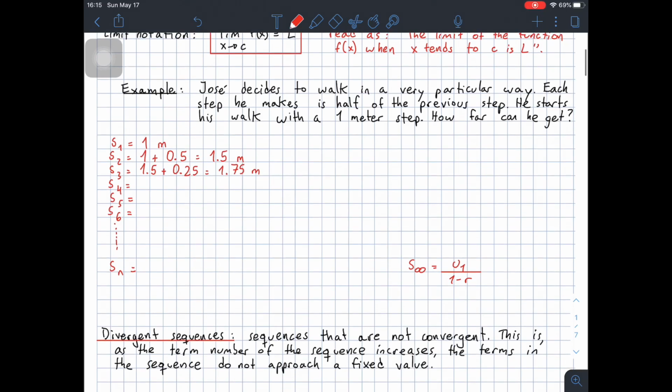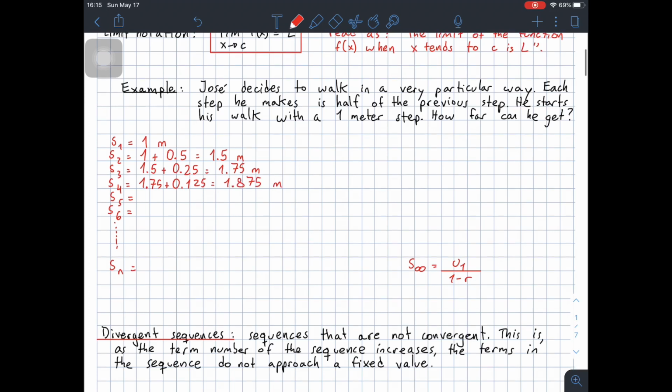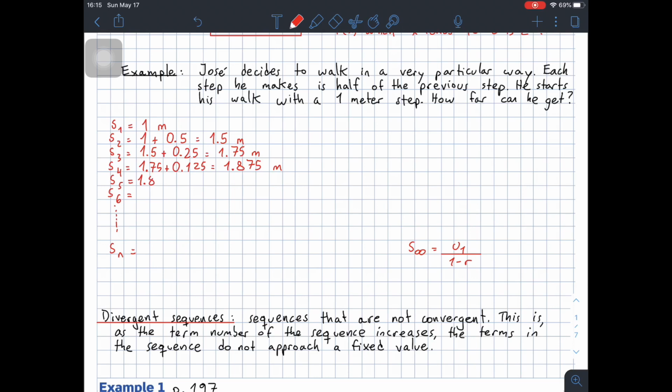And so on. I'm going to be doing that for at least 6 steps here. So this is 1.75 plus 0.125. If we add, this is 1.875 meters. Then if I add 1.875 plus half of 0.125, that's 0.0625, and this addition is 1.9375.